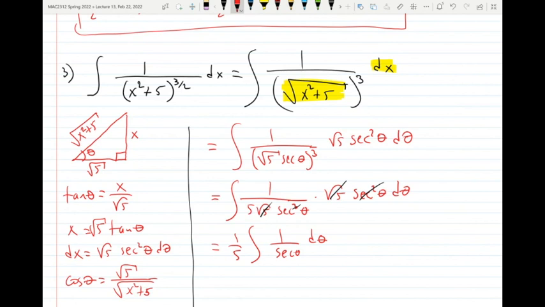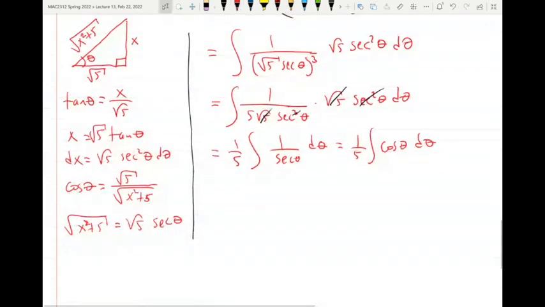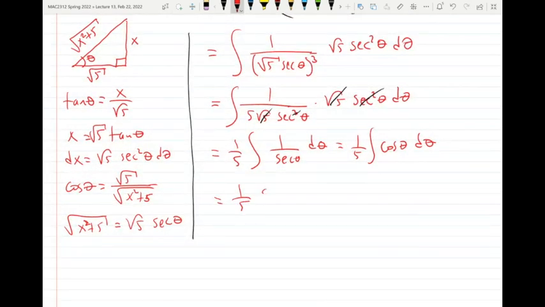So this turns out to be a very easy integral, right? So what's 1 over secant? Just cosine. What's the integral of cosine? It's just sine. And now we need to go back to x.